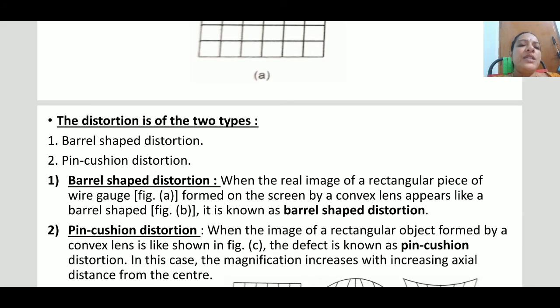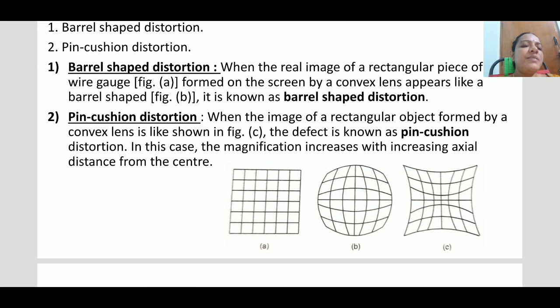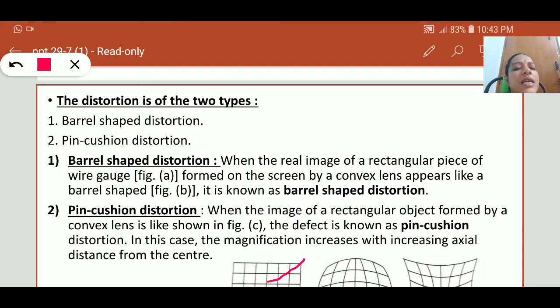These are of two types: barrel shaped distortion and pincushion distortion. Figure B shows the barrel shaped distortion, and C is the pincushion distortion, because in this case the magnification increases with the increasing axial distance from the center. So we get these two types of images.